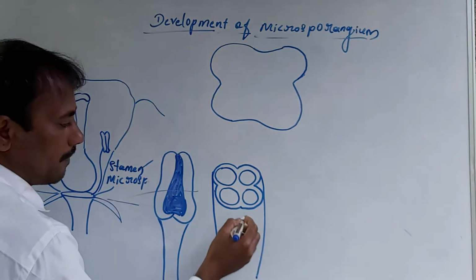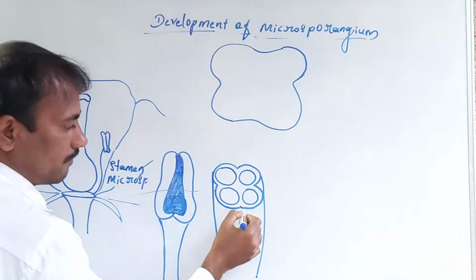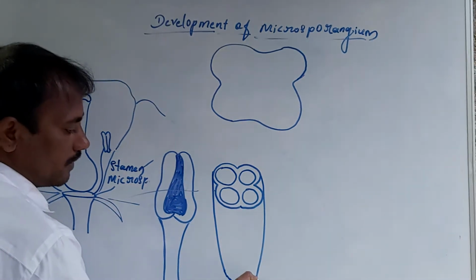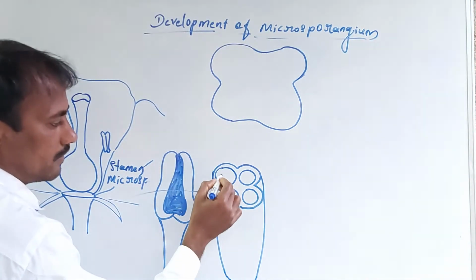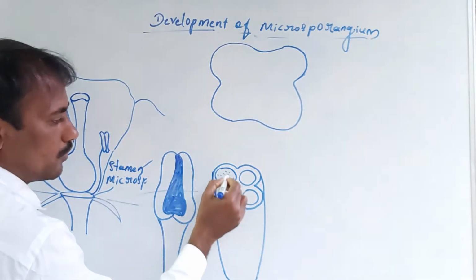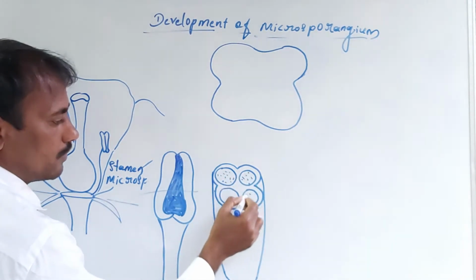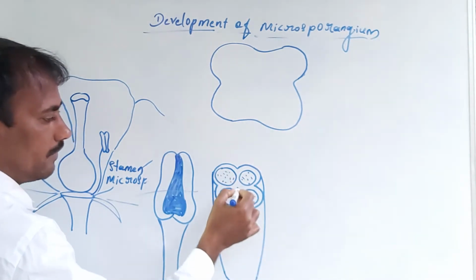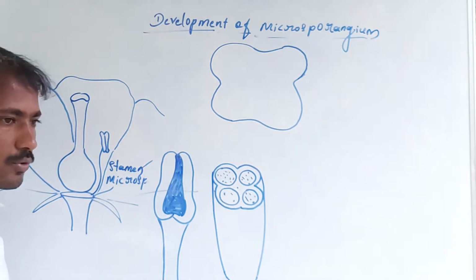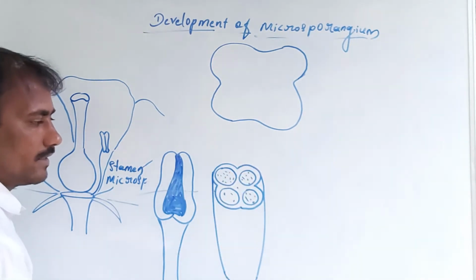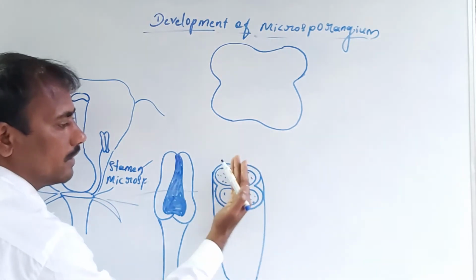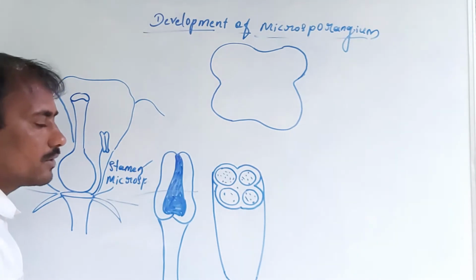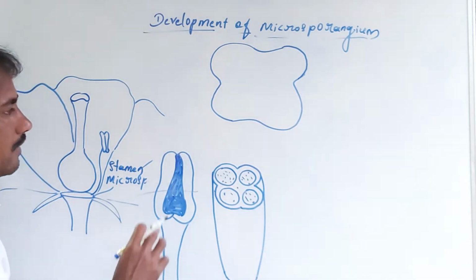The filament cut section is filled with the microspores. This is the point of attachment of the filament where the vascular tissue lies. One lobe, another lobe, the two locules, also called two microsporangia.